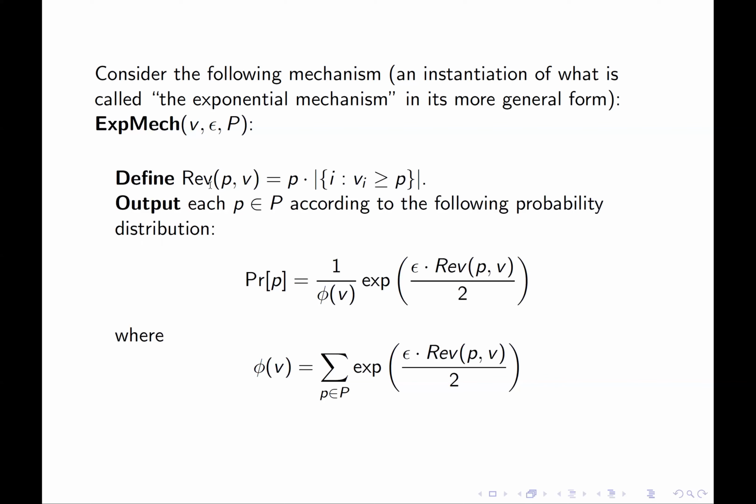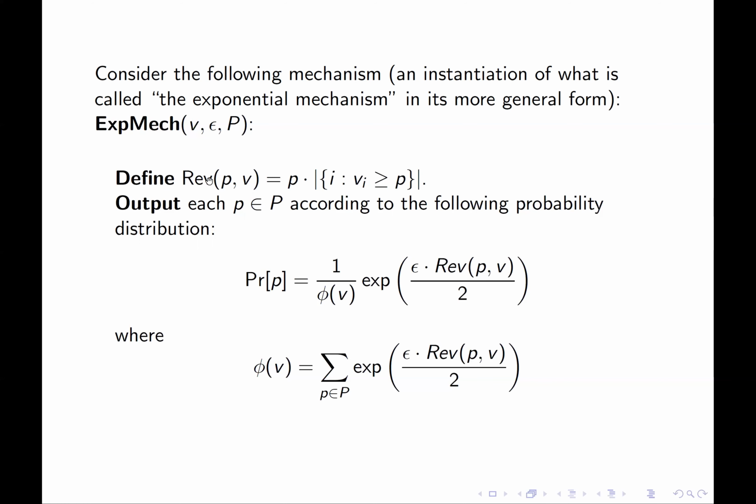What we're trying to do is pick the price from this set P that maximizes revenue. And remember, the revenue of a price P is just the price that we get when people buy at that price times the number of people willing to buy at that price, which is just the number of people whose valuations are higher than the price.